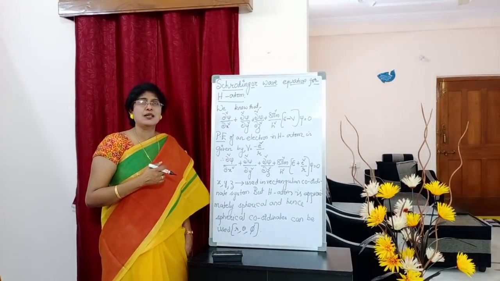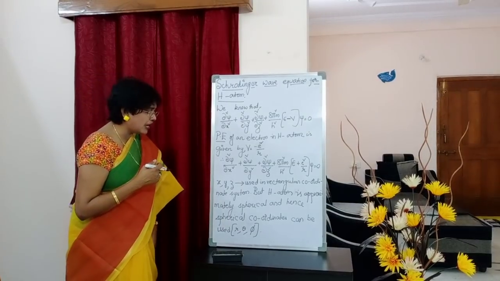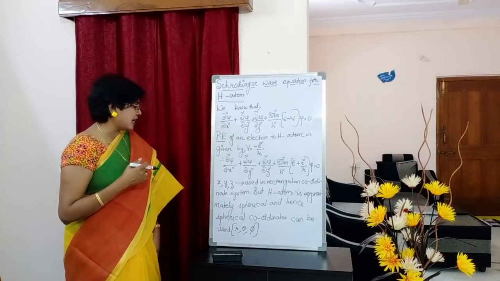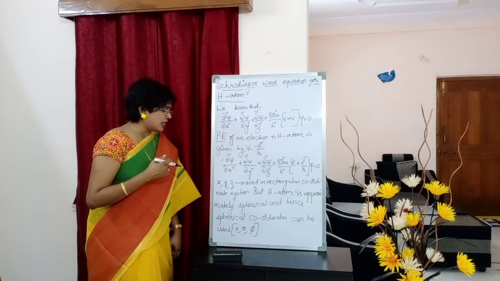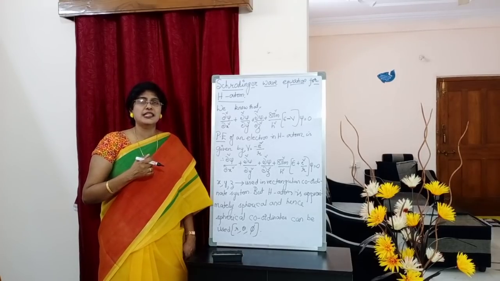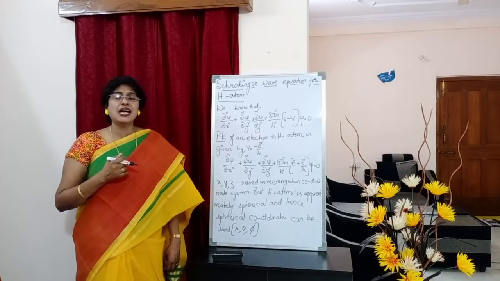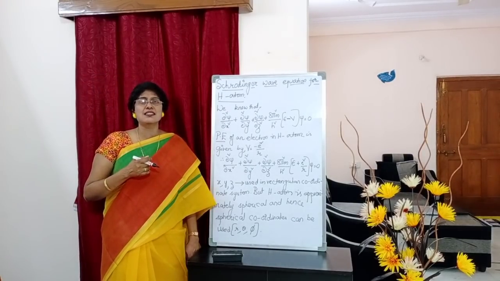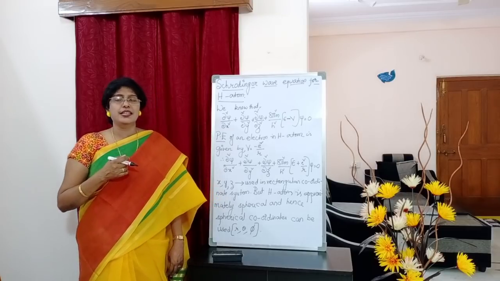In the brackets mention r, theta and phi. So as hydrogen atom is approximately spherical, spherical coordinates can be used. In the brackets mention r, comma, theta, comma, phi, where r, theta, phi are called spherical coordinates.